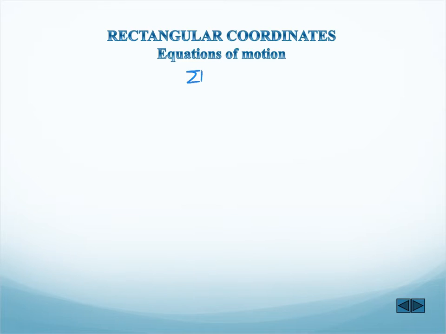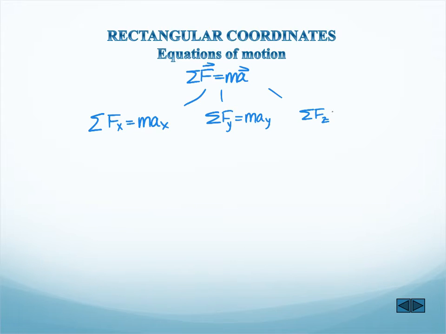So if we start with F equals ma, and we're doing rectangular coordinates, what we're going to do is break these down into components. And so we have forces in the x direction will give x acceleration. Forces in the y direction will give the y acceleration. And if we have 3 dimensions, we can look at forces in the z direction, which will give us the z acceleration. So, by identifying the forces, and if necessary, you're going to break them into components.